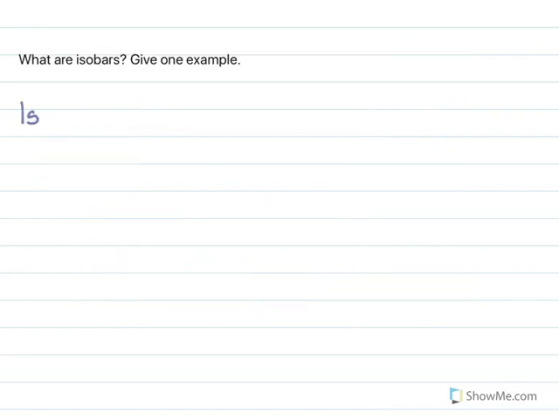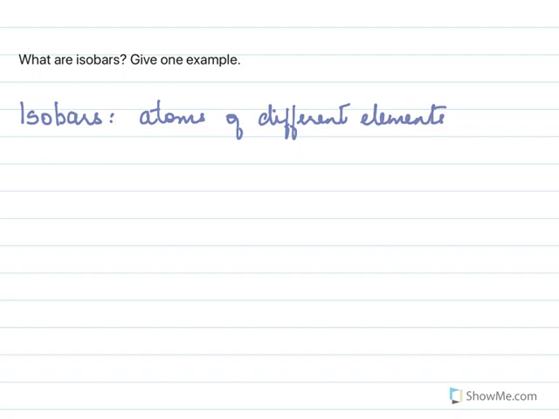What are isobars? They are atoms of different elements that have the same mass number but different atomic number.